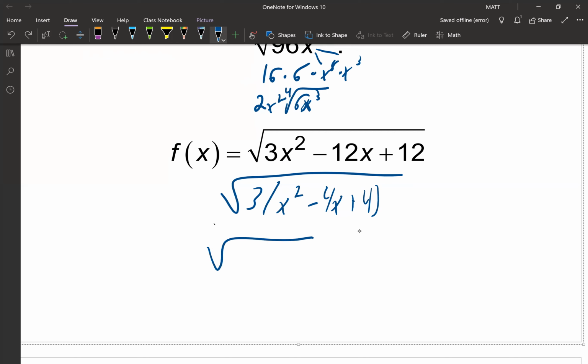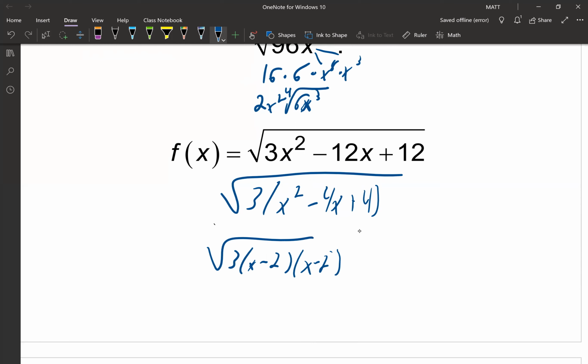So we're going to have the square root of 3, and then we have x's at the start, right? x and x. And I noticed that it's negative 2, right? So negative 2 plus negative 2 is a negative 4, and it multiplies to a positive 4. Well, notice I have 2 of the same factors, right? I have an x minus 2 and an x minus 2.